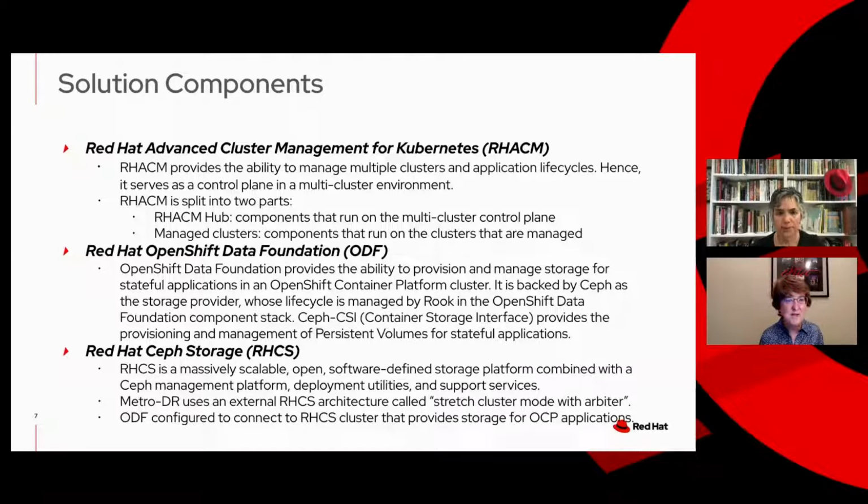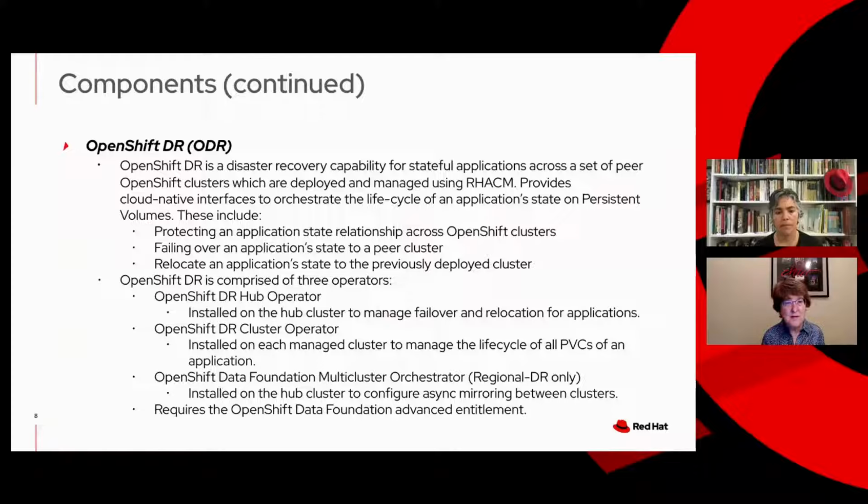Like I said, we just released yesterday OpenShift Data Foundation 4.11. And then used by OpenShift Data Foundation, as well as a standalone offering, is Red Hat Ceph Storage. So Ceph Storage is used in OpenShift Data Foundation, whether it's on OpenShift itself or whether it's external to OpenShift. So those are the 3.